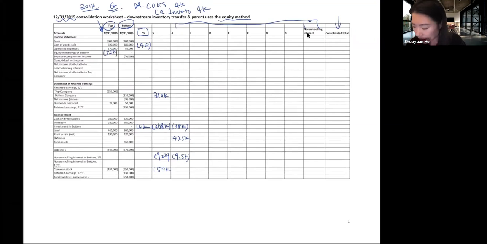So net income is 162,000. And then 162,000 here. So retained earnings is 744,000.